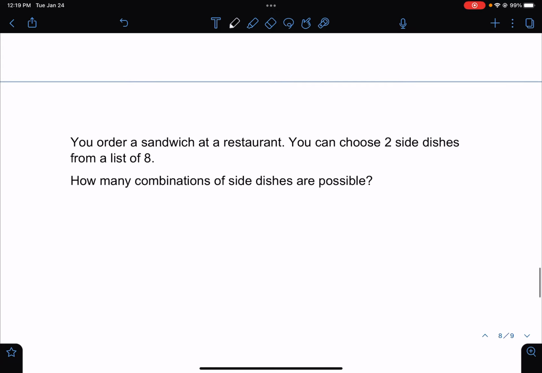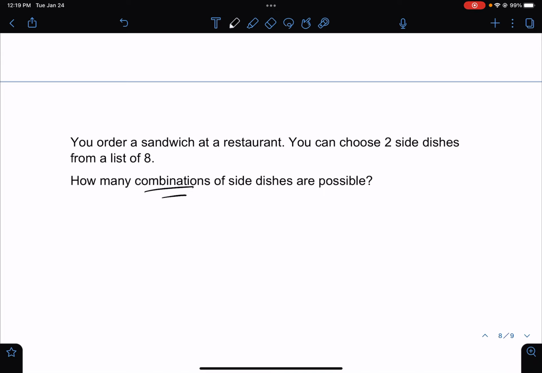So let's look at the next one. You order a sandwich at a restaurant. You can choose 2 side dishes from a list of 8. How many combinations of side dishes are possible? Now, this homework is nice because a lot of times it uses the word combination or permutation, so you know if the order matters. Sometimes you have to think through.